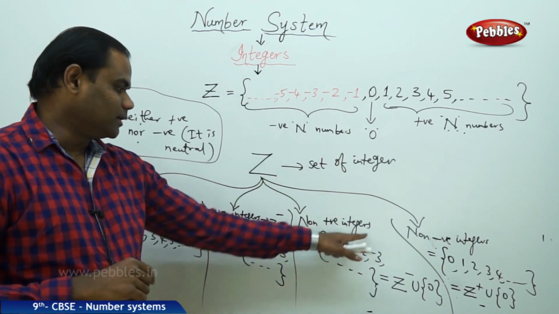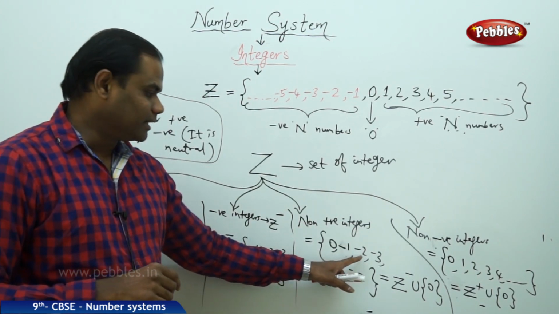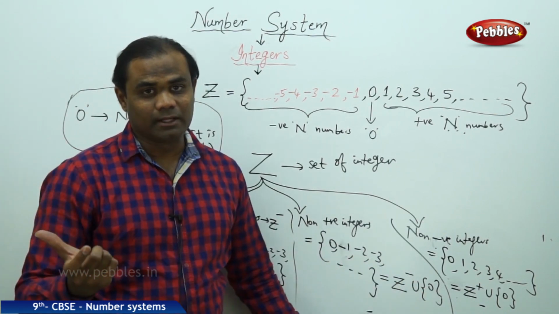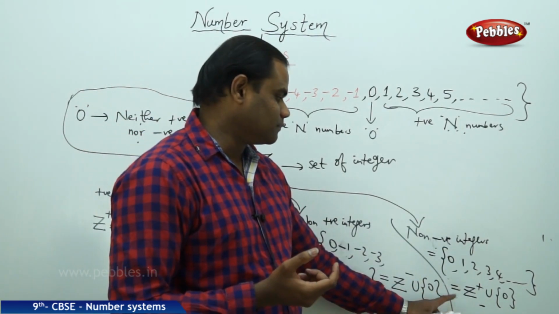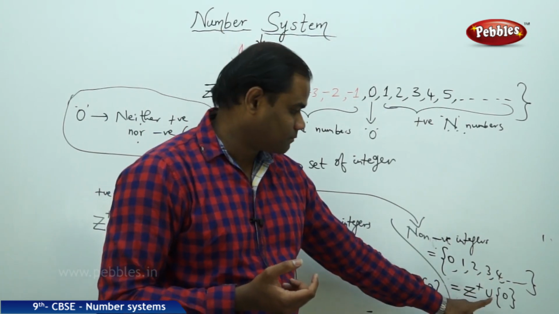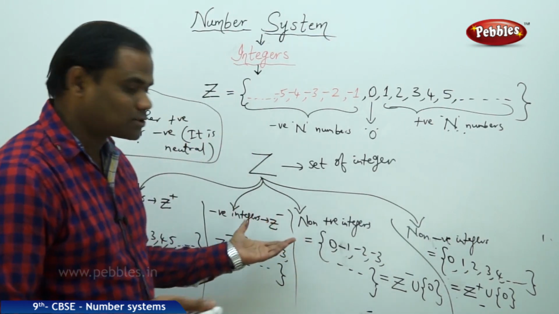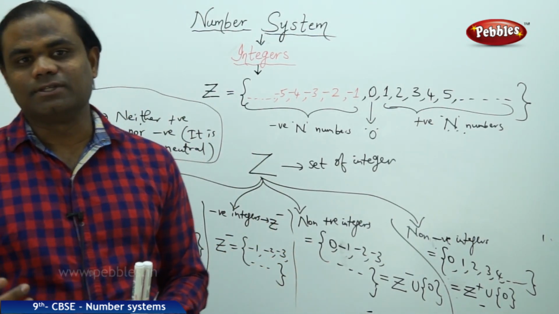The non-positive integers, which are all the negative integers including 0, denoted by Z minus union 0, and similarly the non-negative integers, which include all the positive integers and 0. This is how we understand the different classifications of the set of integers Z.